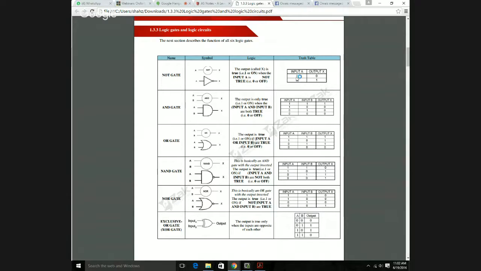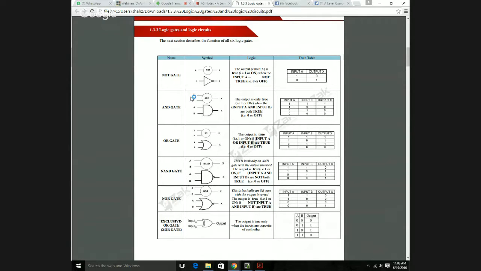So this is what a truth table means. Basically, it verifies the gate, what this gate actually behaves like. AND is also known as the multiplication gate. Why multiplication?